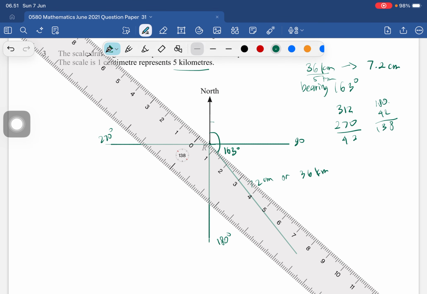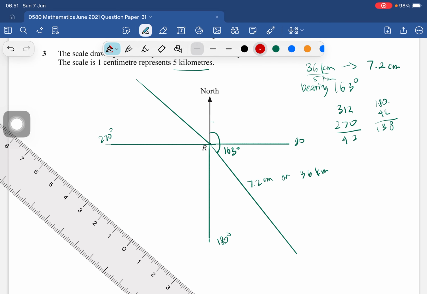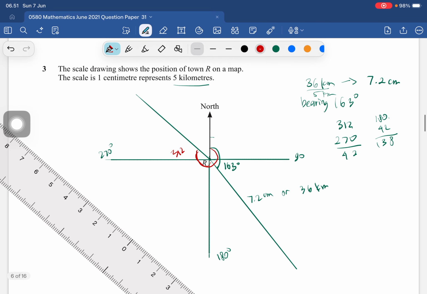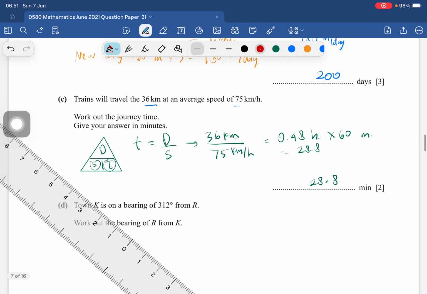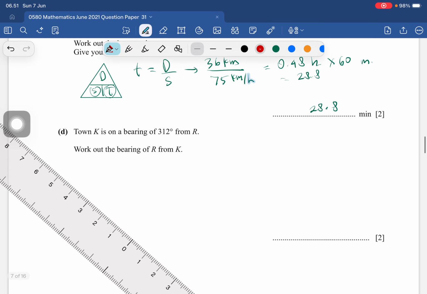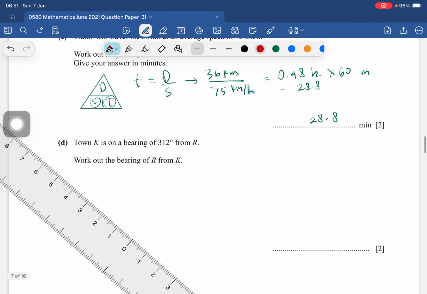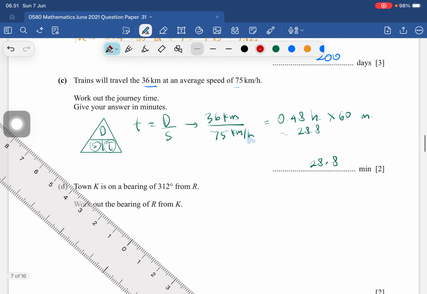Okay, there it is. From R, the total is 312, so this is R and this is K. Now it is the opposite: work out the bearing of R from K.